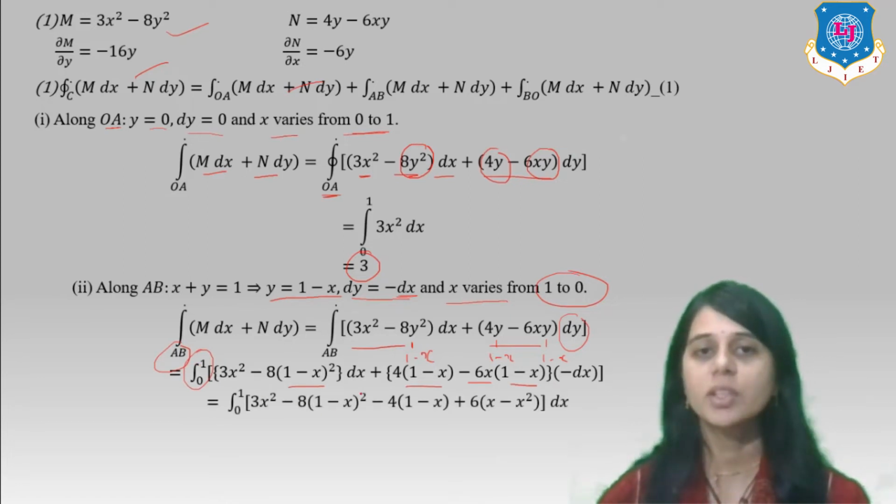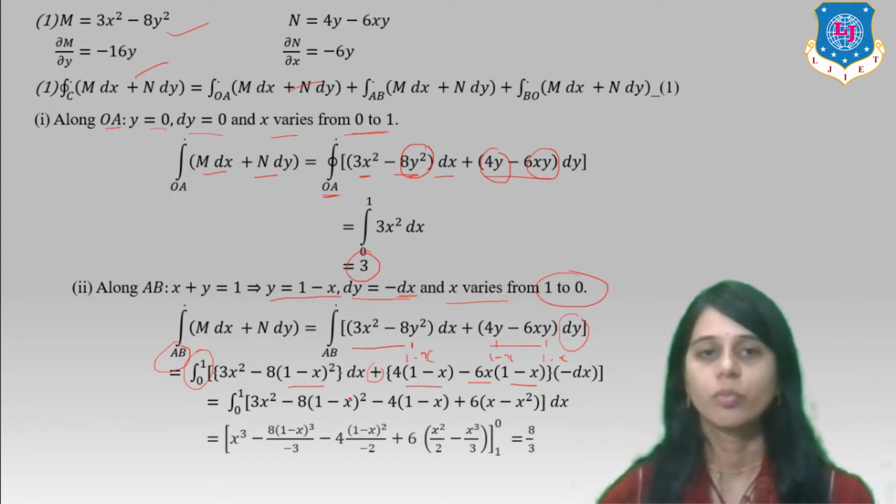3x square minus 8(1 minus x) square minus 4x(1 minus x) plus 6x minus x square, with minus dx common, we are taking it out. Solving this integration, we get x cube minus 8(1 minus x) cube by 3 minus 4(1 minus x) whole square by 2 minus 6 x square by 2 minus x cube by 3, and the interval is 1 to 0 because x varies from 1 to 0.